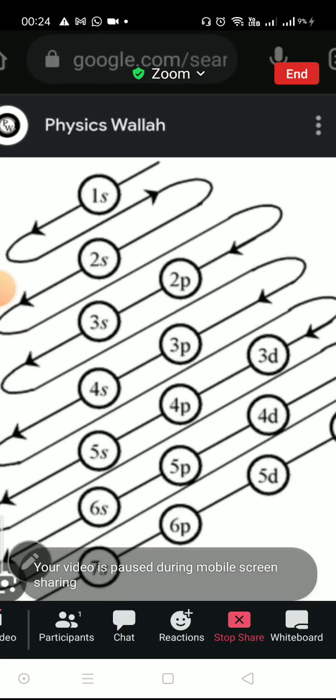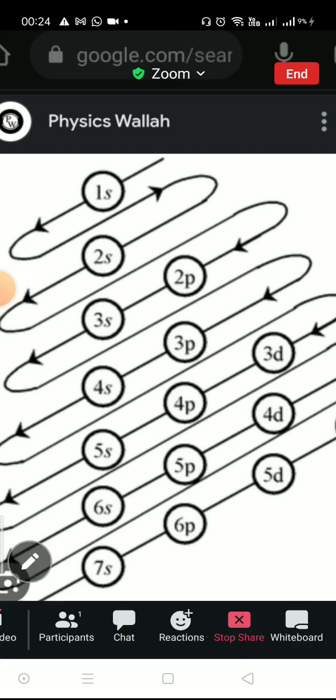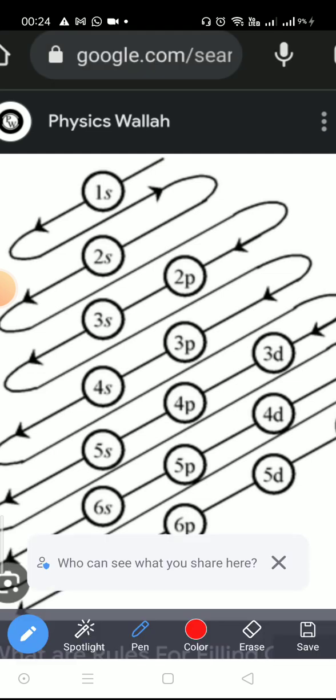First is Aufbau principle. If you see this figure, the lowest energy level is 1s, then 2s, then 2p, then 3s. So this way electrons are filled from lower energy level to higher energy level.